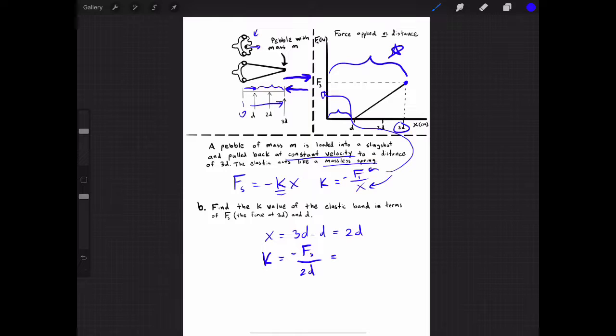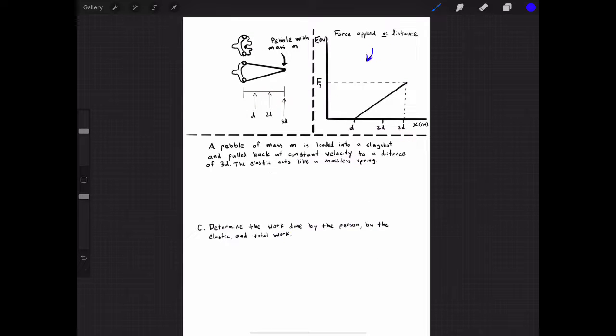So our force of the spring is actually going to be equal to a negative F3. And we have to include the negative right here. And so these negatives will cancel out. And that gives us K equals essentially 1/2 F3 all over D. Now let's look at part C.